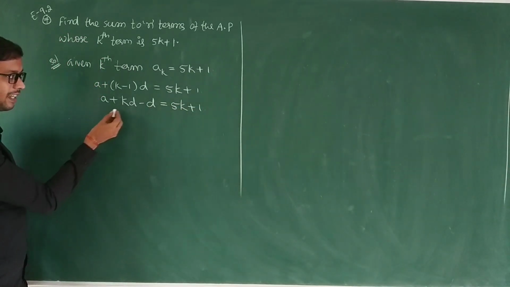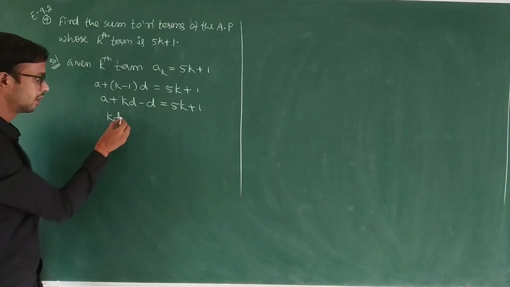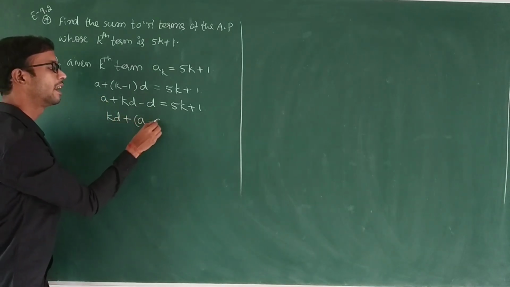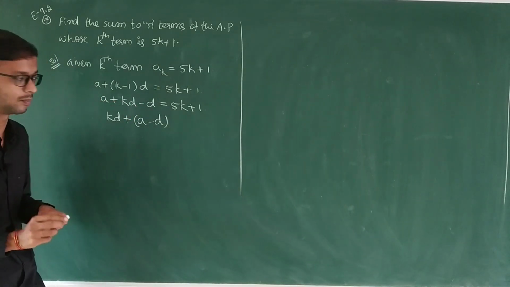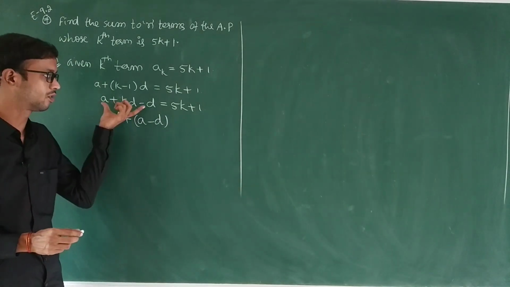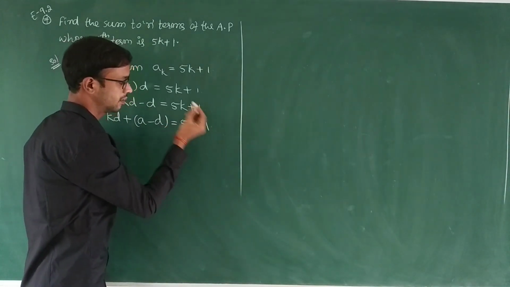Here I first write kd plus (a minus d). Why? Because a and d are constants, and a minus d is also a constant term.